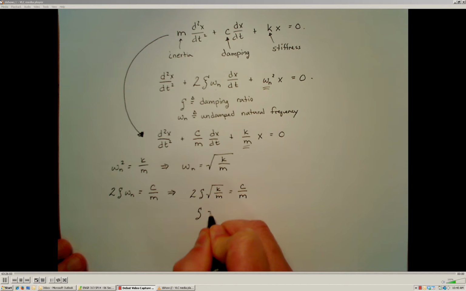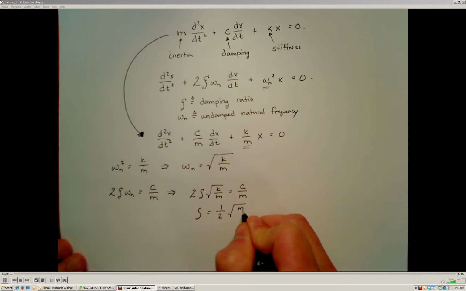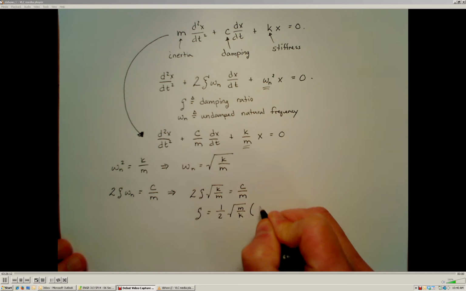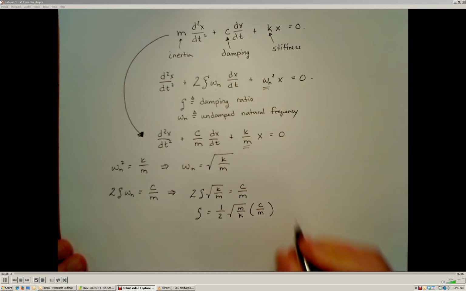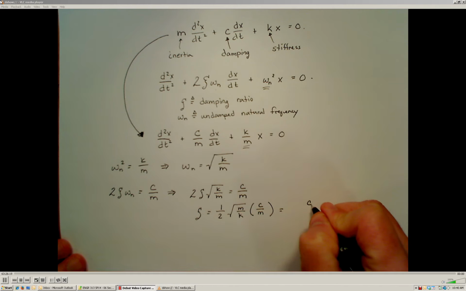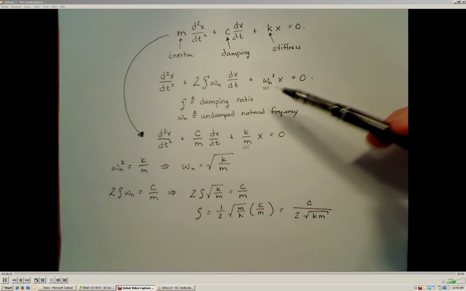So my damping ratio is going to be equal to 1/2 times the square root of m over k times c over m. And doing a little bit of simplifying here, I see that this is going to wind up being c, which is the damping, divided by 2 times the square root of k times m. And that is the definition of the damping ratio.